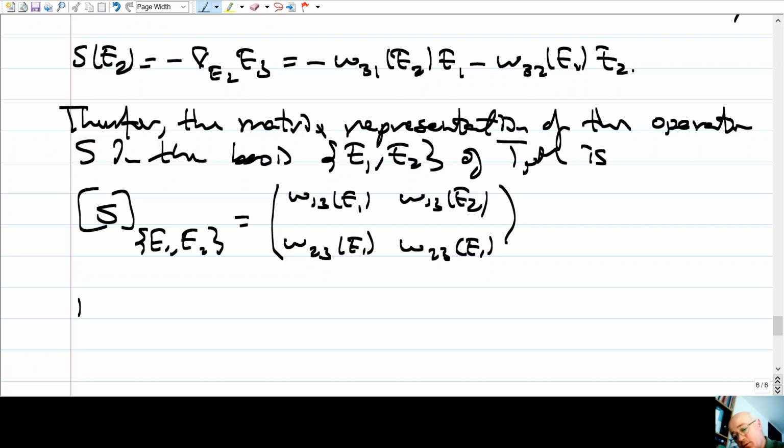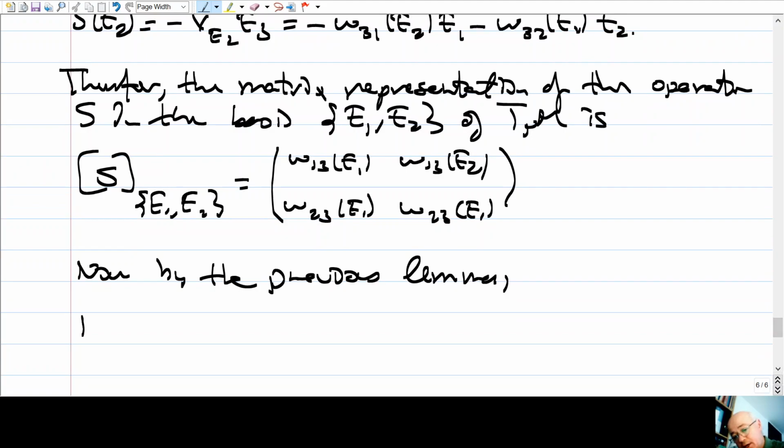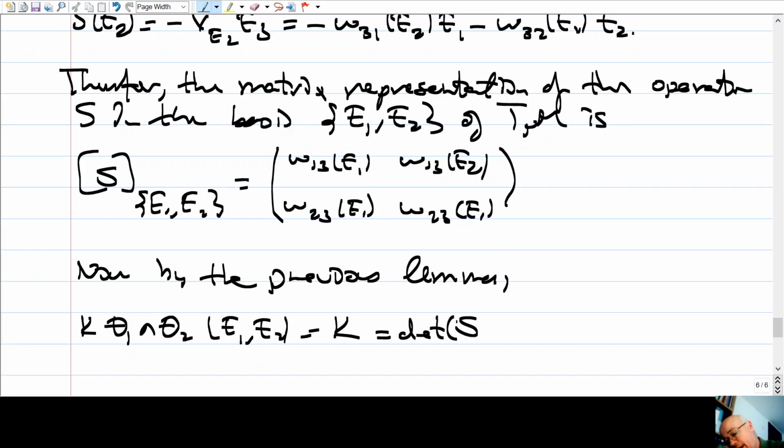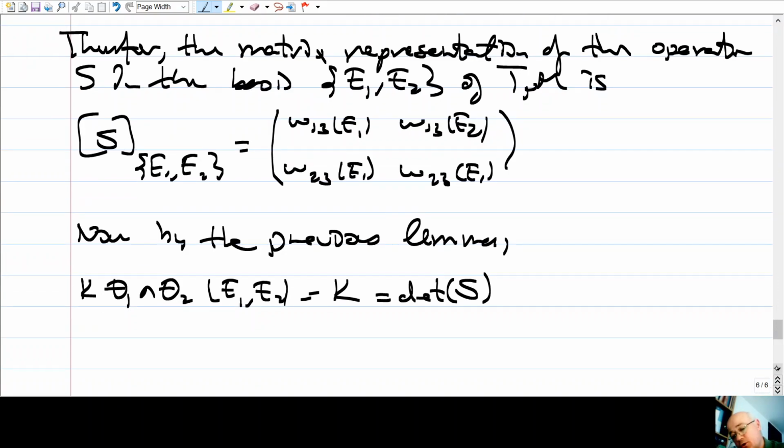So now by the previous lemma, the Gaussian curvature form k of theta 1, theta 2 evaluated on E1, E2 is what? This is just k times 1, so this is k, but this is equal to the determinant of S.